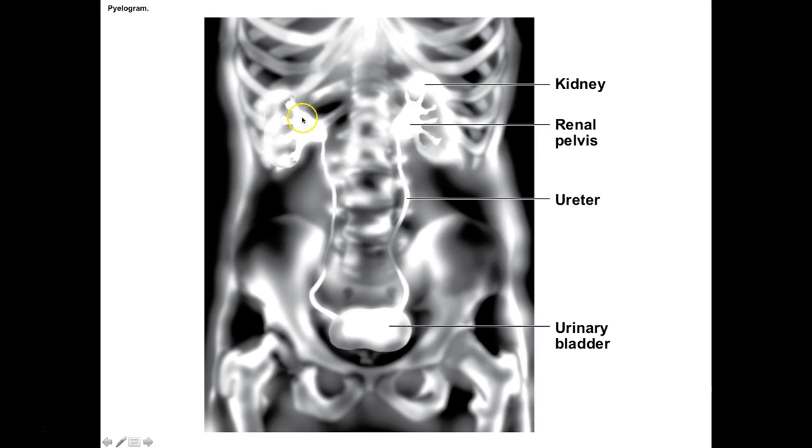Some of the calculi, the renal pelvis, through the ureter and down into the urinary bladder. So this is typically used to diagnose if you suspect somebody has kidney stones or bladder stones or an enlarged prostate or kidney cysts.